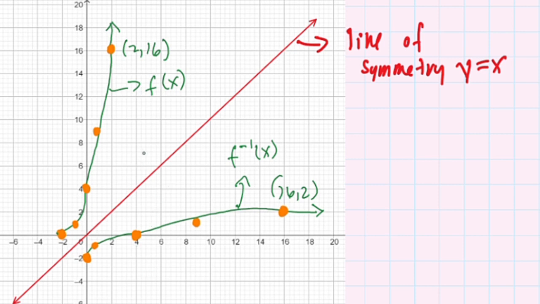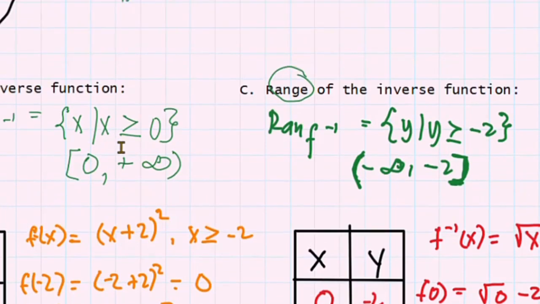So, kung napapansin nyo, pwede na nating observe yung restriction. So, our inverse function, we have also the restriction from each domain and range. So, yung domain natin, we have the restriction dito sa inverse natin. We have the restriction of the domain of x must be greater than or equal to 0.